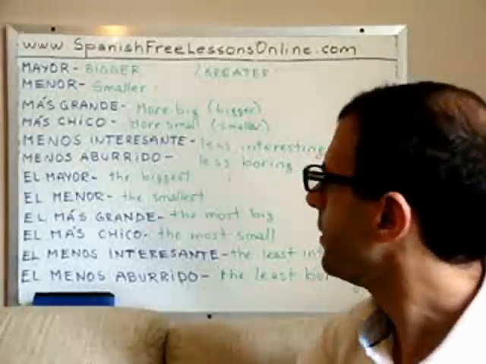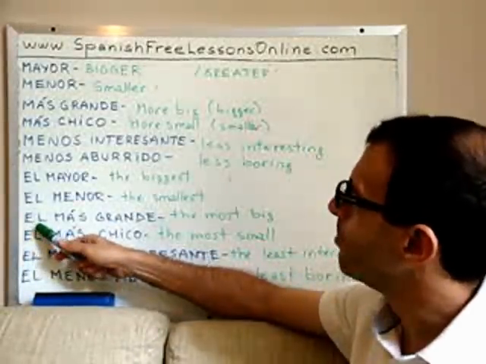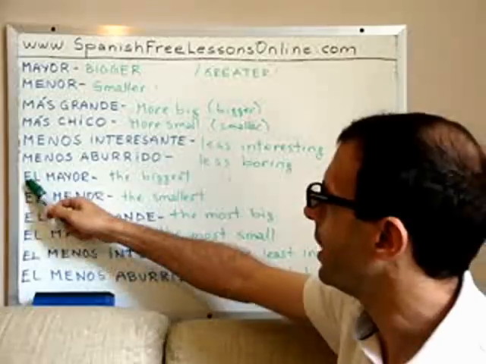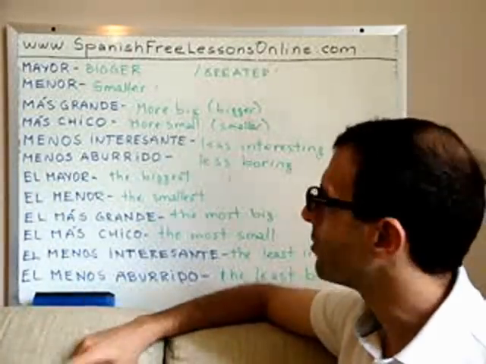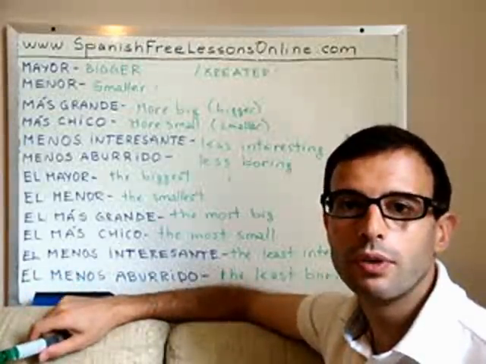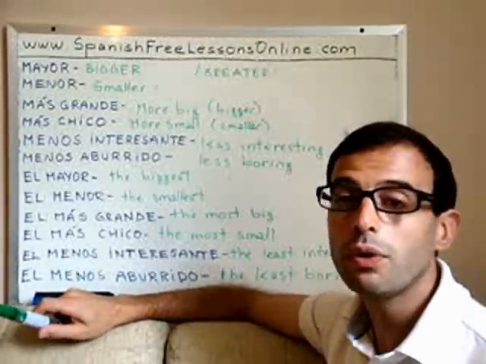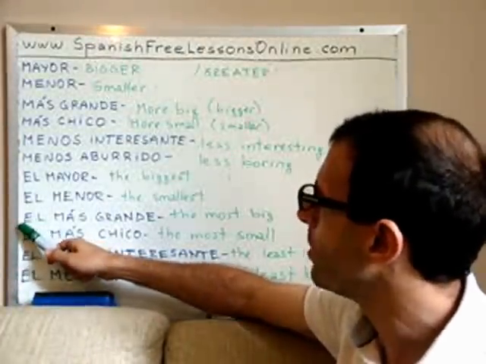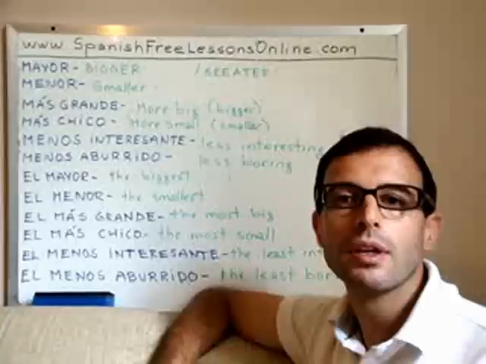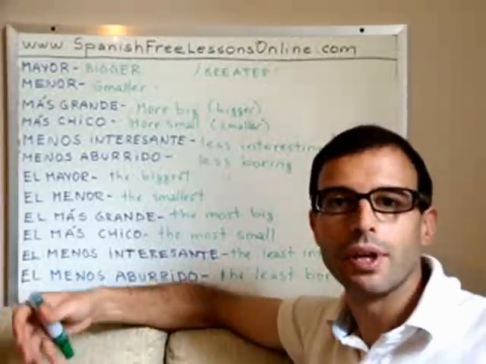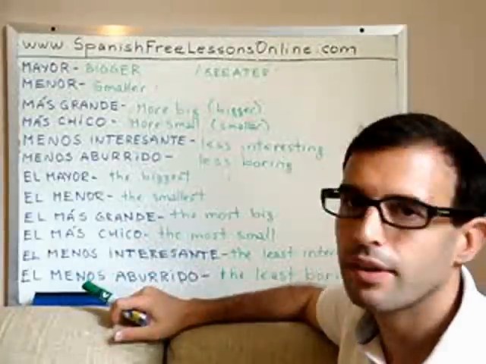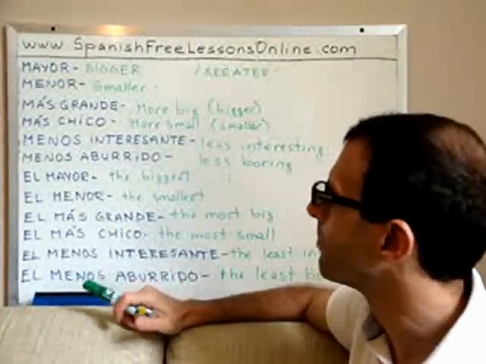The most, and although el más grande can be a synonym to el mayor, however, el mayor, when referring to people, usually it means the oldest, and when you refer to people and you say el más grande, you usually mean bigger in size, okay? El más grande, the biggest or the most big.